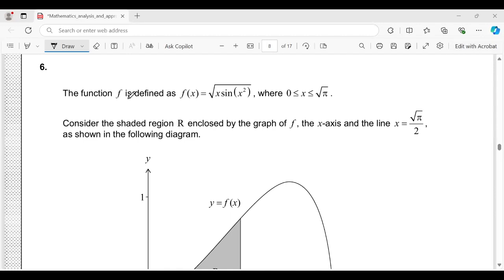Six, the function f is defined as f(x) equals square root x sine x squared, where x is in the interval from 0 to square root pi. Consider the shaded region R enclosed by the graph of f, the x-axis and the line x equals square root pi over 2, as shown in the following diagram.